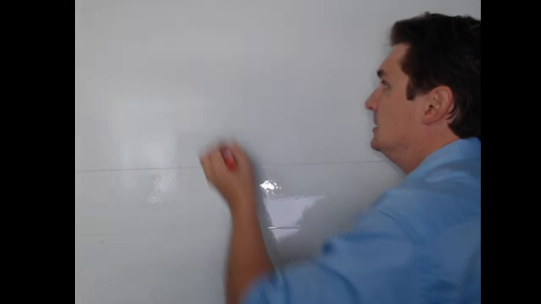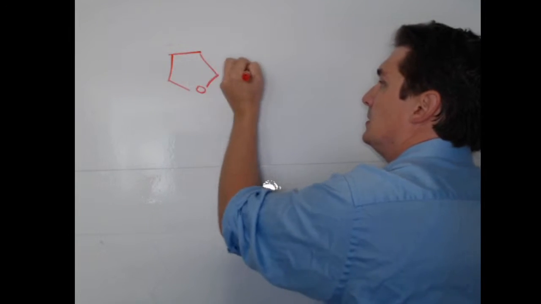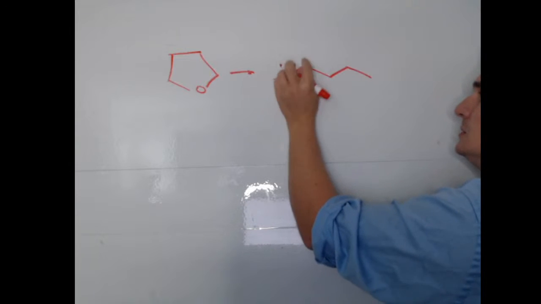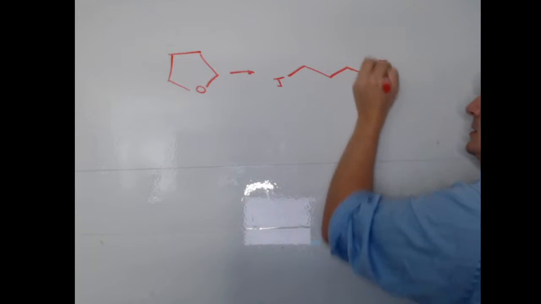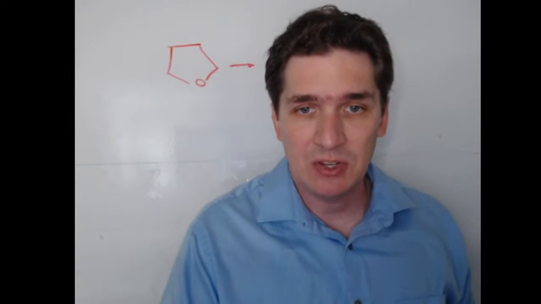So we're going to start with tetrahydrofuran, THF. And the goal here is to make 1,4-diiodobutane.